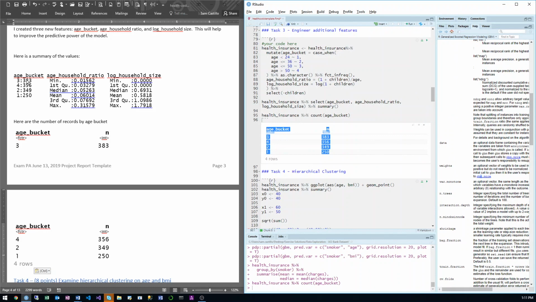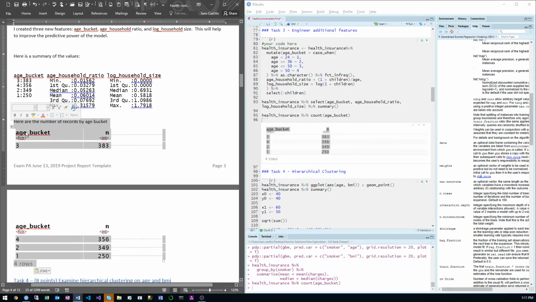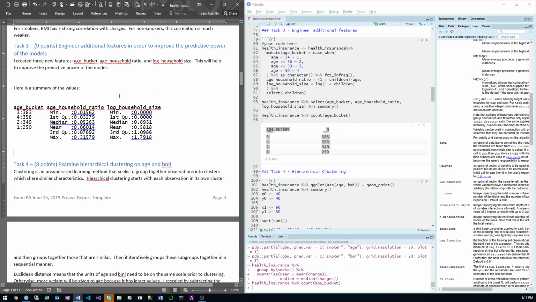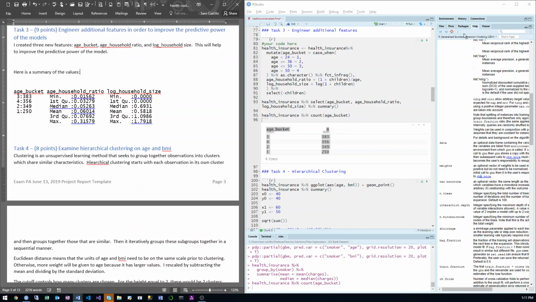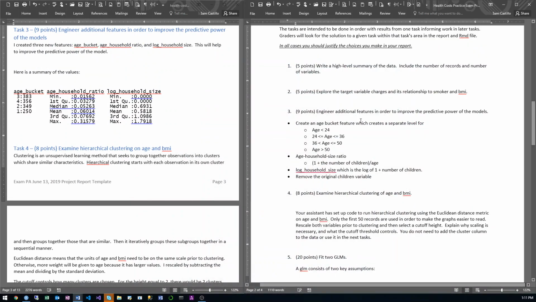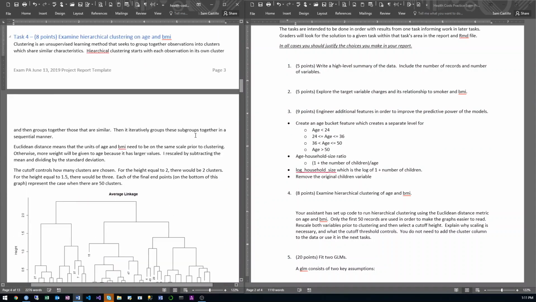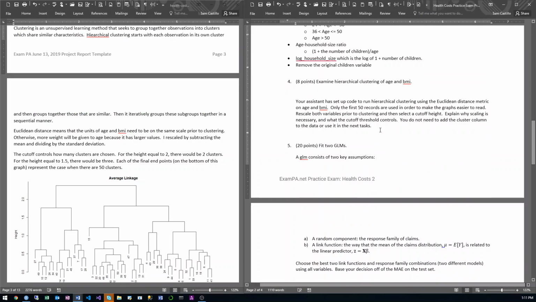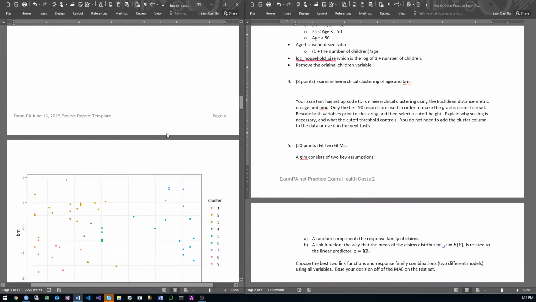Oh, and this is actually redundant because I have the age bucket right there, so I don't need that. Okay. Hierarchical clustering. I think this is enough information.